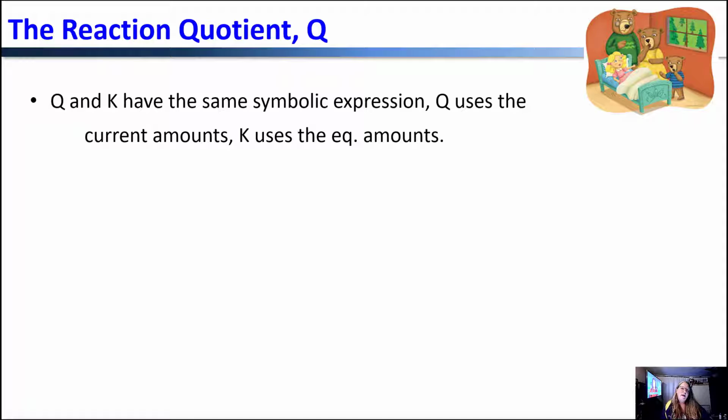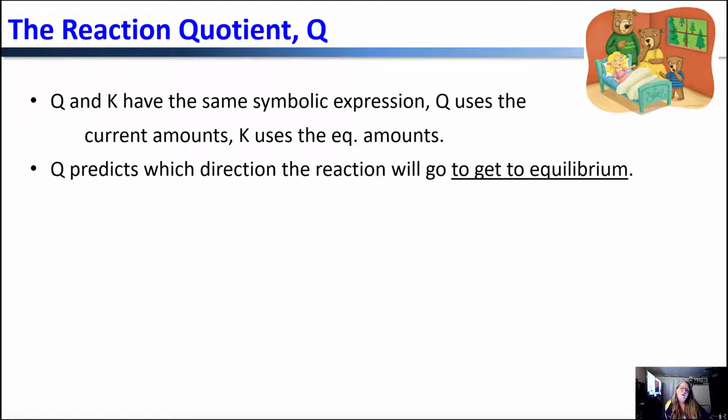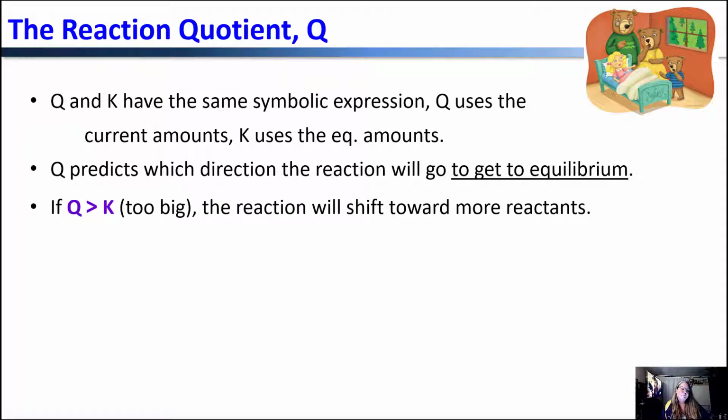So unlike K, where we're using that value when we know we're at equilibrium, Q, we can use amounts at any time and compare the value of Q to K to figure out what direction the reaction needs to go in order to get to equilibrium. So if Q is a lot bigger than K, then that tells us that the reaction is going towards the reactants.